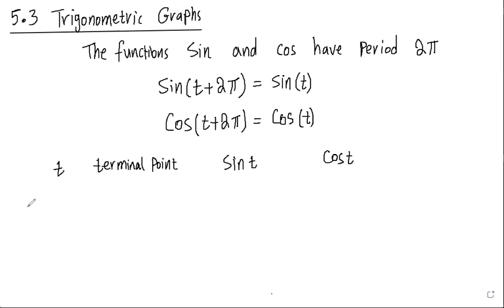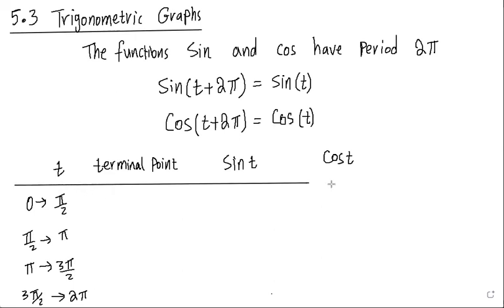So I start with t from 0 to pi over 2, and from pi over 2 to pi, from pi to 3 pi over 2, and 3 pi over 2 to 2 pi. So here, t, let me make a table.